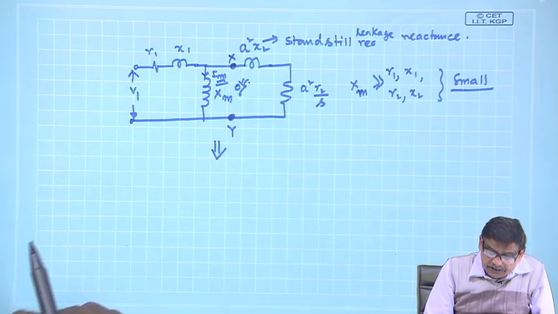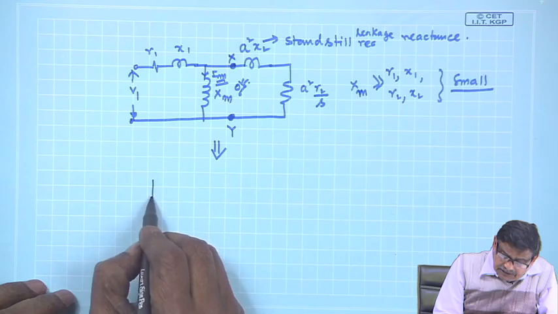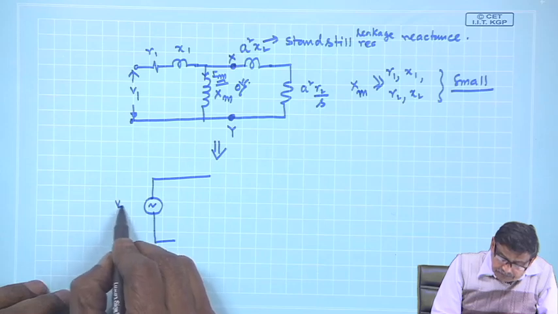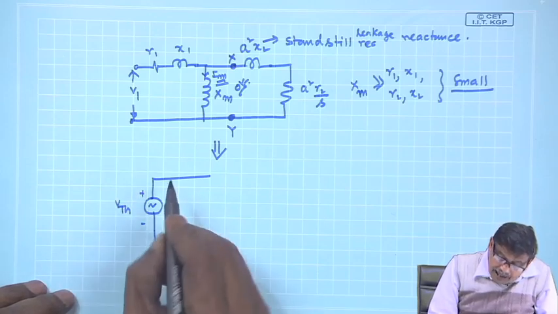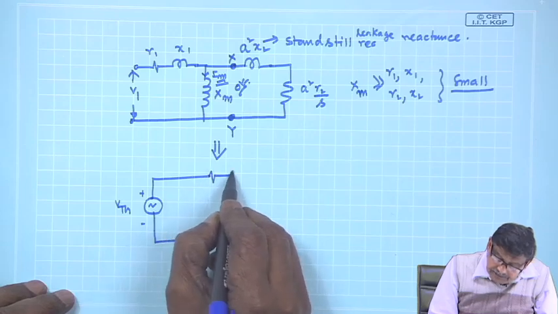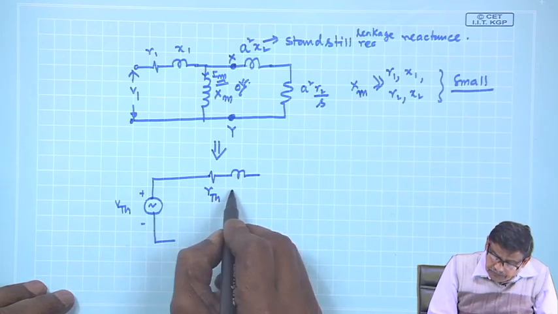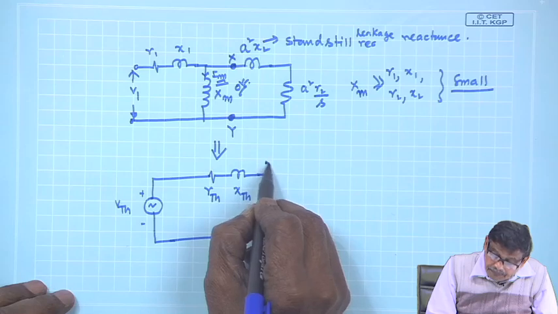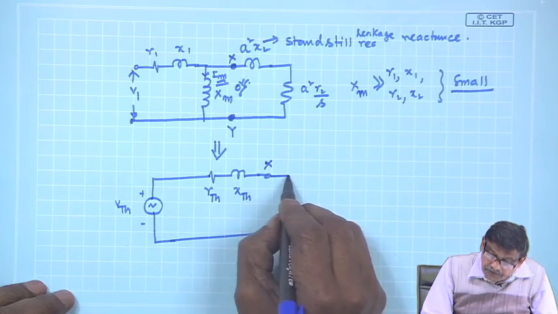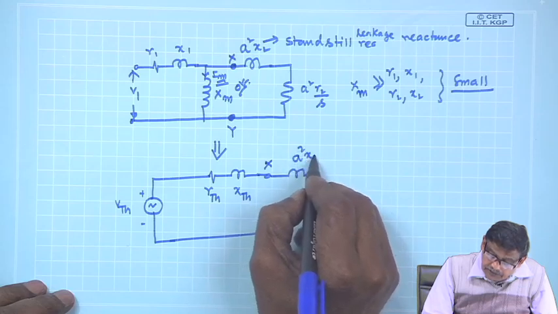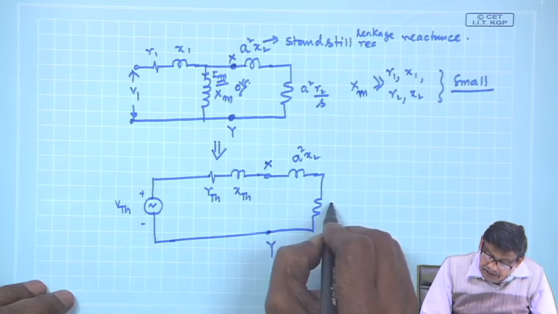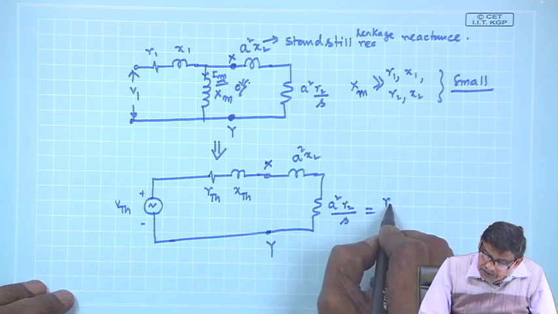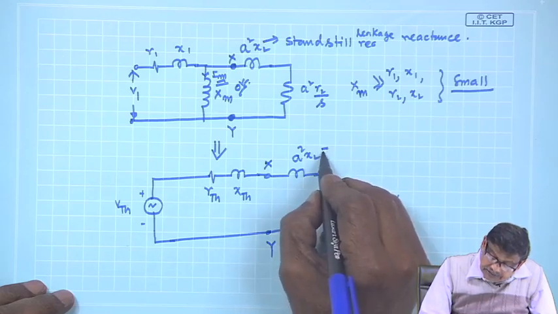About X and Y, I can find out a Thevenin's equivalent of the circuit such that your supply voltage will be V Thevenin, and there is a resistance and inductance which will be R Thevenin and X Thevenin, and then your XY points, and then your reflected rotor circuit, S square X2 and S square R2 by S. Sometimes this S square R2 is written as R2 dashed by S, and this is written as X2 dashed.